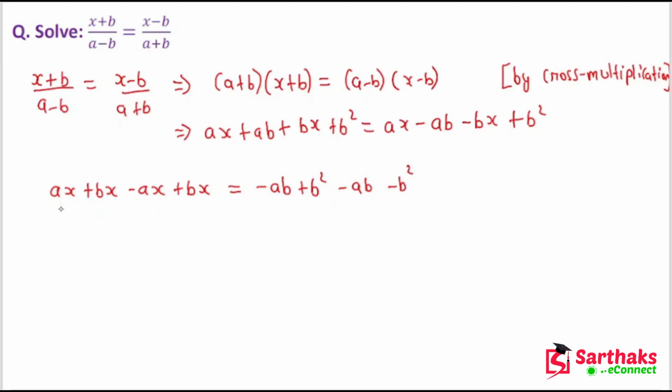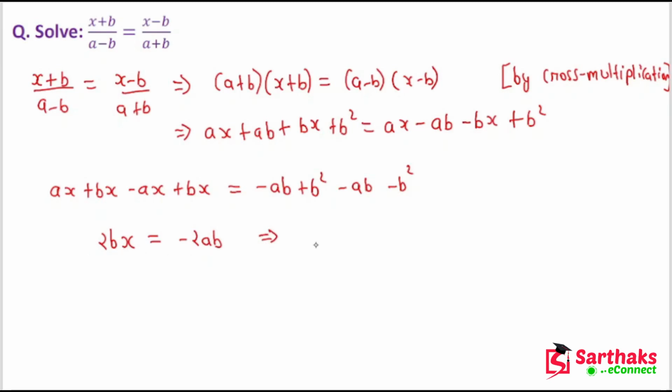Now finally solving, we can see that ax minus ax would be 0, and bx plus bx will be 2bx. Similarly here b square minus b square would get cancelled, and we will have ab and minus ab as minus 2ab, right?